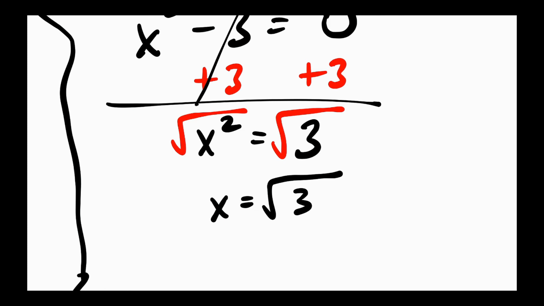What else times itself makes 16? Not 8 times 8, that makes 64. There's another number that I multiply by itself and makes positive 16. Negative 4 times a negative 4, right? These always have 2 answers, right? So the other answer is going to be the negative version of that.